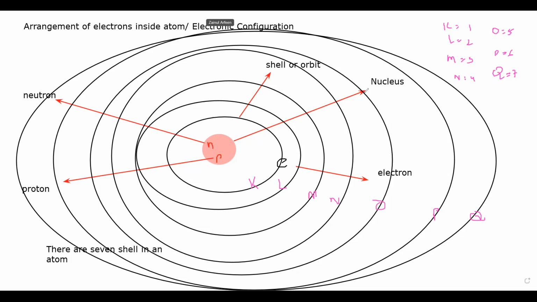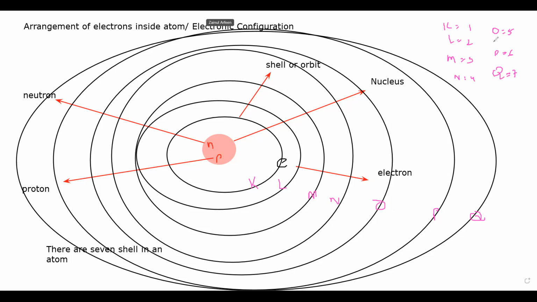That is why they did not start with A, B. They started with K and so on. Is it clear? Because the other letters already have other abbreviations, using the same letters would create confusion, so they use a separate set of letters in sequence to show that K, L, M, N, O, P, and Q are the shells inside an atom.